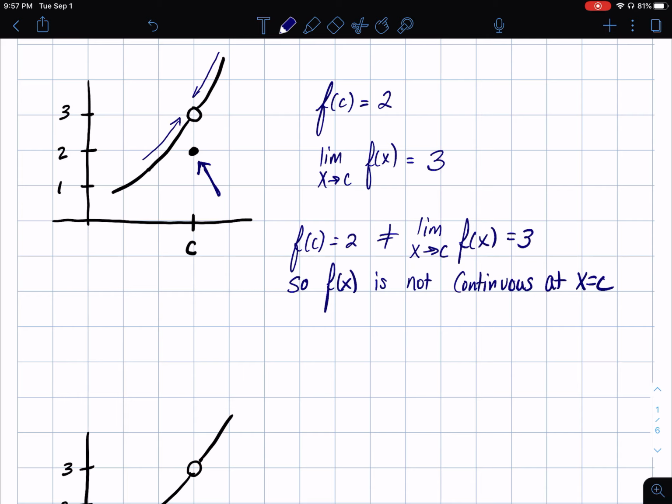Okay, so this part right here was the justification of our discontinuity.